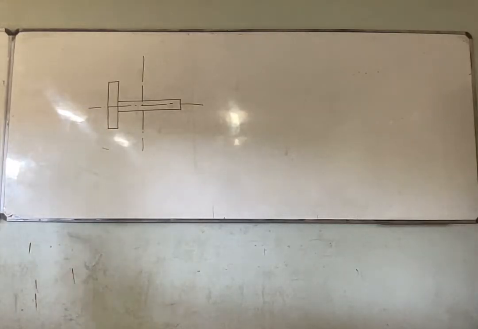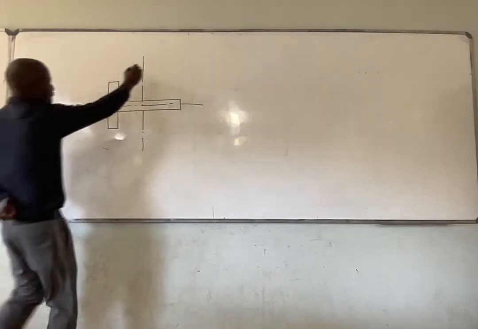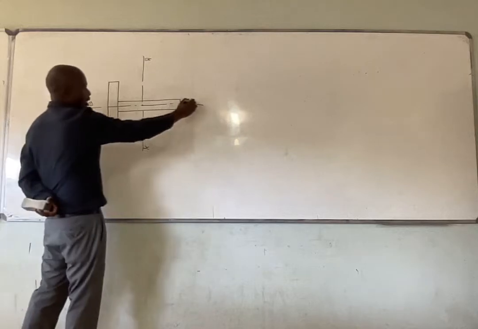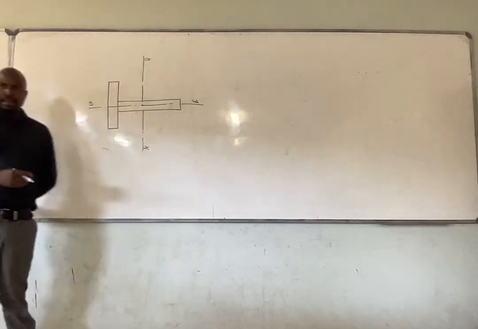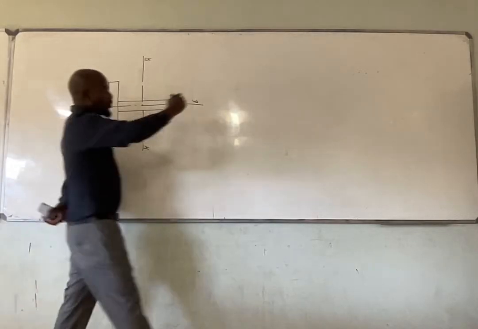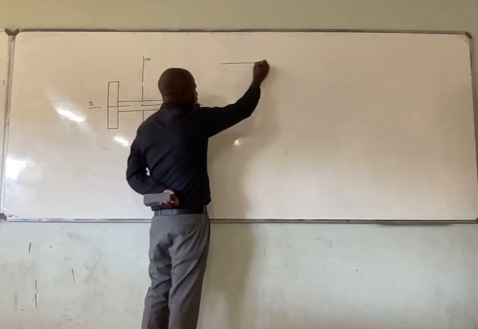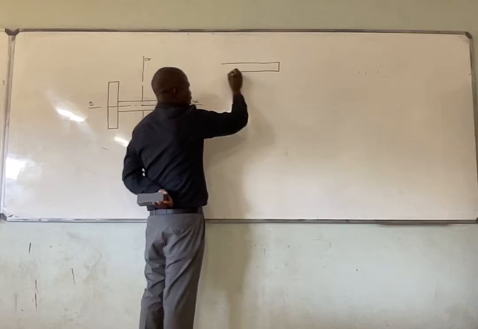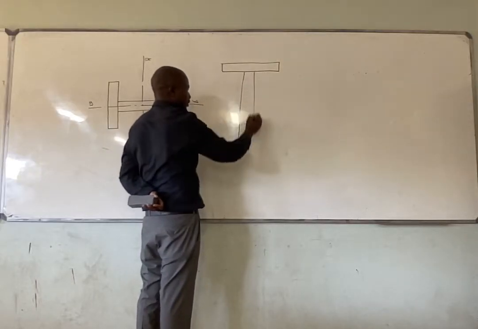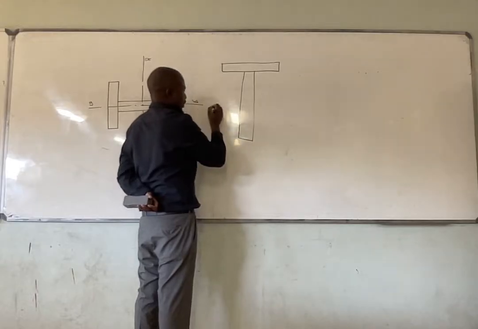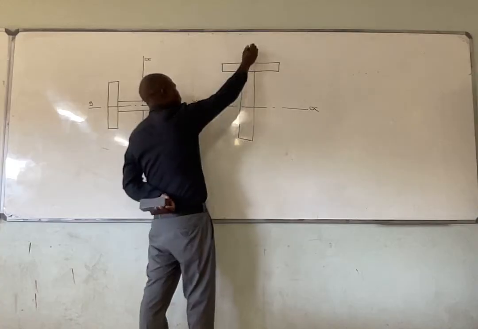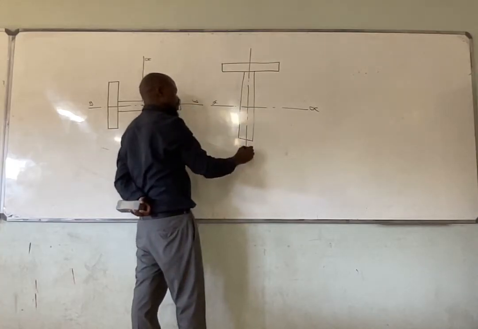The vertical one. So this one will be our XX axis. Therefore, this one will be our YY axis. But before you start calculating, you need to rotate it so that your XX axis is horizontal. Therefore this will be your XX, this one will be your YY.